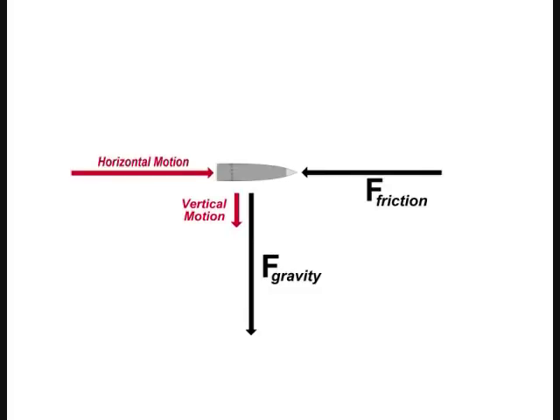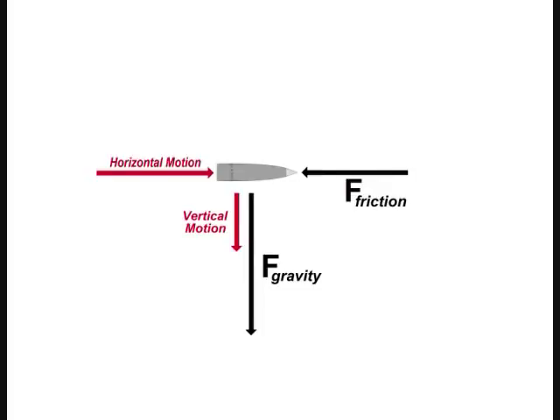And let's continue. So your bullet exits the muzzle. It's immediately pulled on vertically by the force of gravity. And you'll notice here on this next diagram how the horizontal motion is starting to slow down. The arrow got shorter. And your frictional force is also getting smaller because the bullet is changing its velocity.